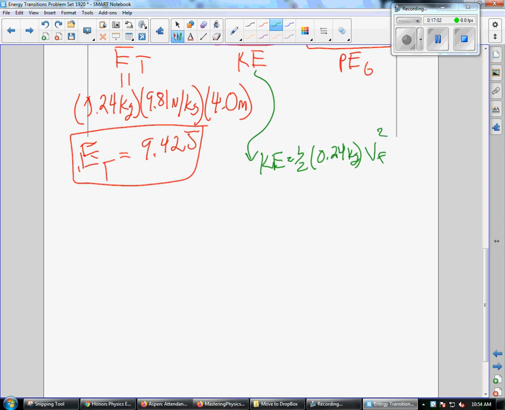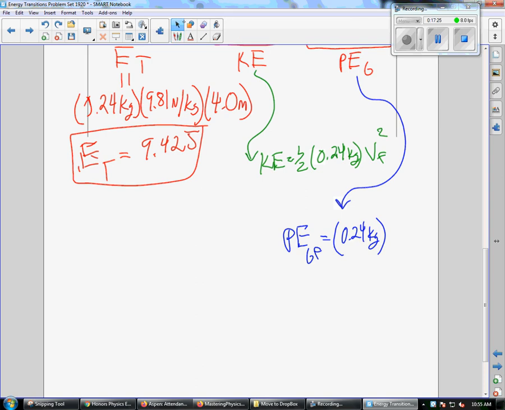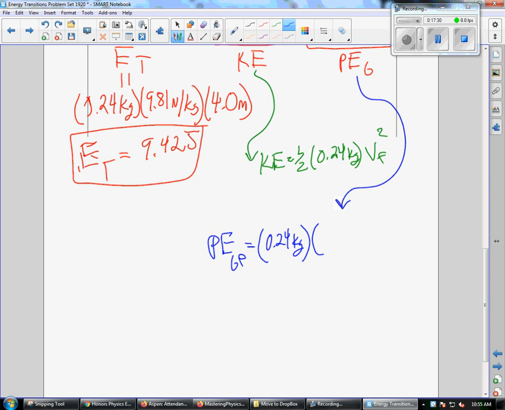So I can't quite solve that. Let's see. Let's try PE grav at this point. So PE grav final, which is at that 3, 0.24. This whole thing. 9.81 newtons per kilogram.